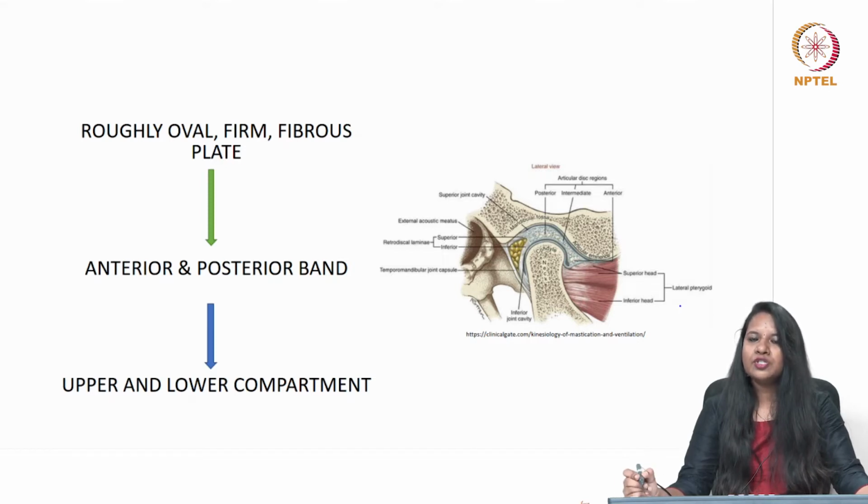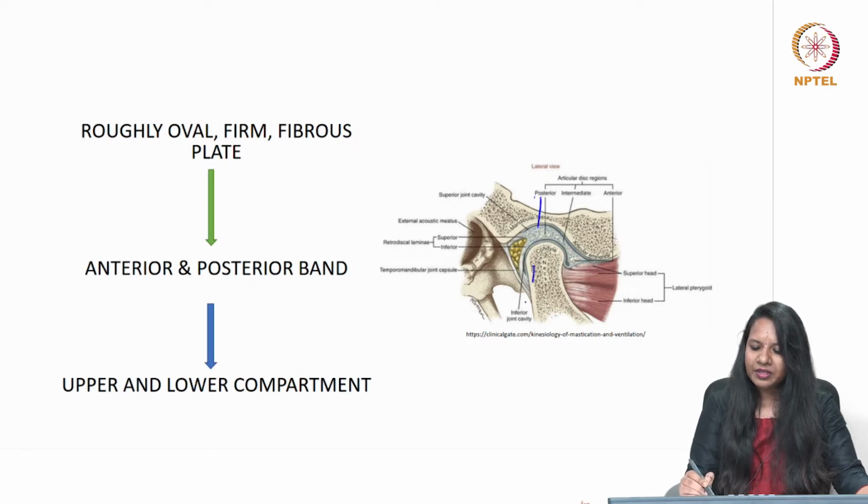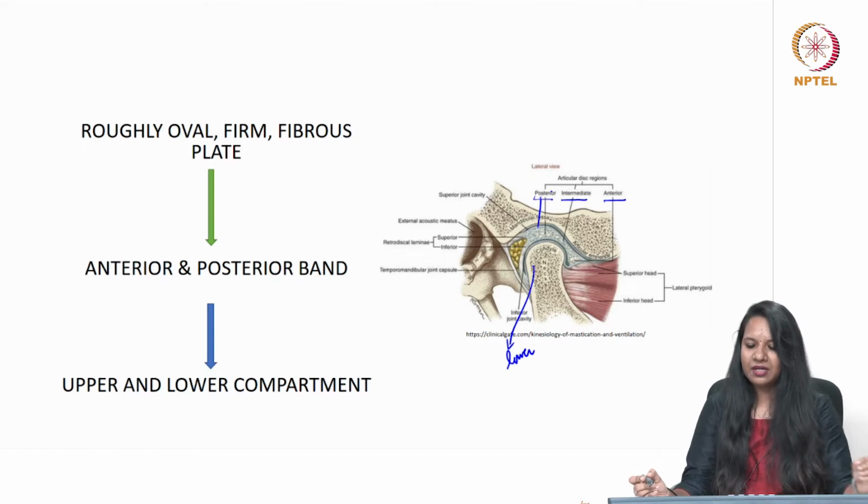The anterior is 2 mm in thickness, the posterior is 3 mm in thickness, whereas the intermediate zone is 1 mm in thickness. This divides the whole cavity into upper and lower. Okay. Here in this picture you can appreciate anterior, intermediate and posterior region of an articular disc.